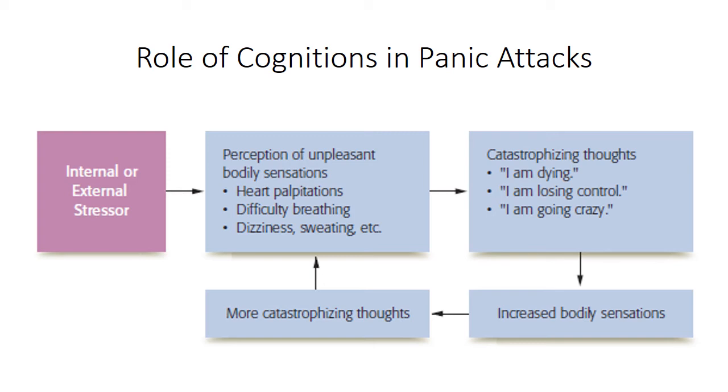It teaches coping statements to address catastrophic thoughts like, I am dying, I'm losing control, I am going crazy, whenever there's a perception of unpleasant bodily sensations. This way, clients can stop the negative cycle, which is shown here, which can make panic attacks worse.